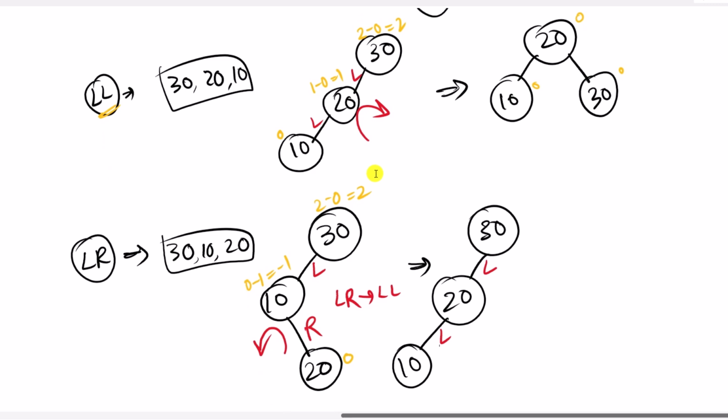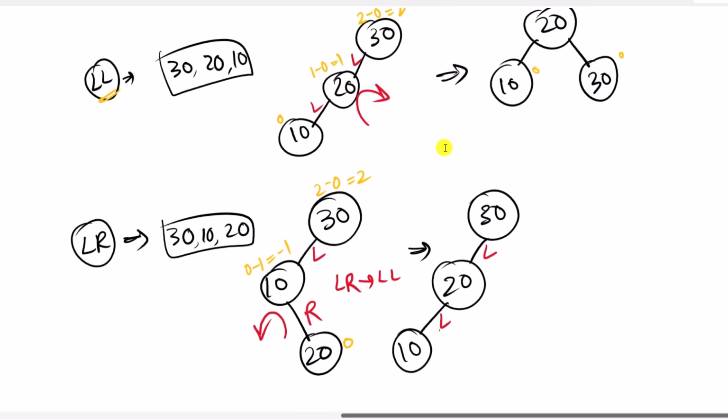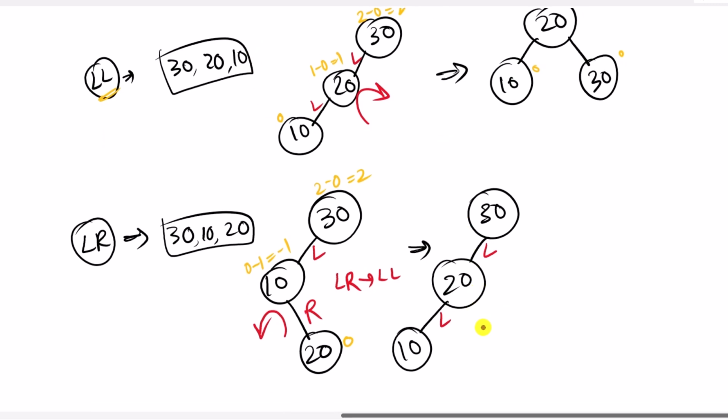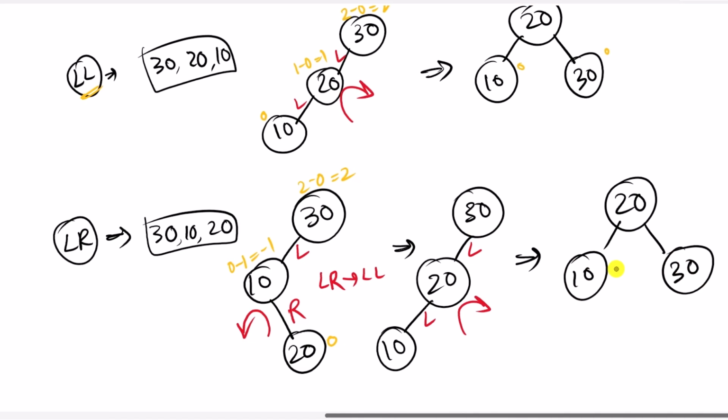So that means you're going to follow this LL rotation rule. So that means we have to rotate this clockwise. So if we rotate this clockwise, 20 will be the root node, and then on the left side we're gonna have 10, and then 30 will go on the right side. So now you can see all the nodes are perfectly balanced. So this is about the left right rotation.